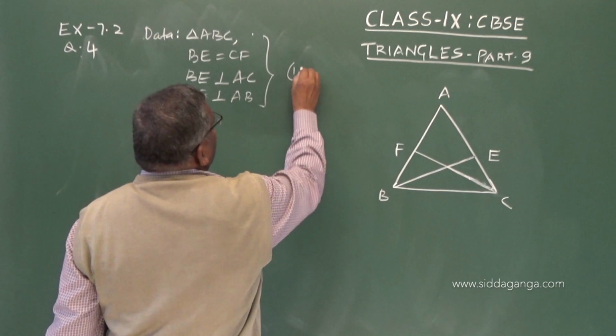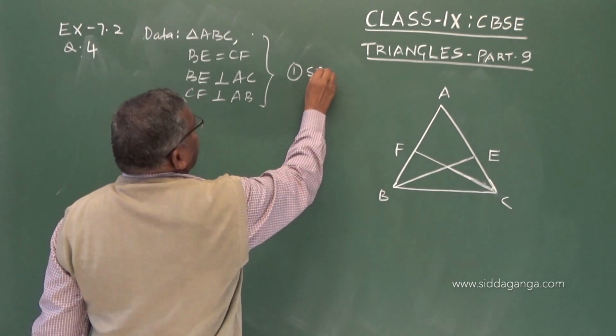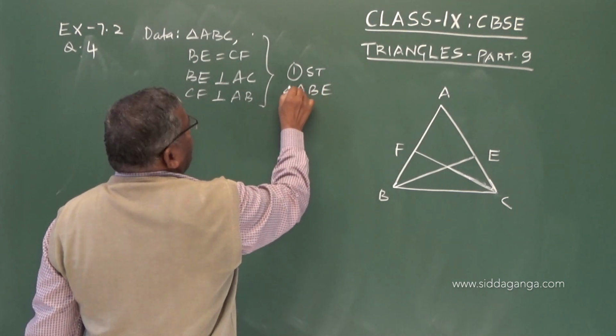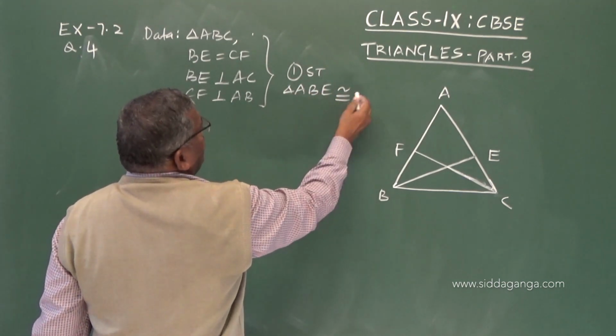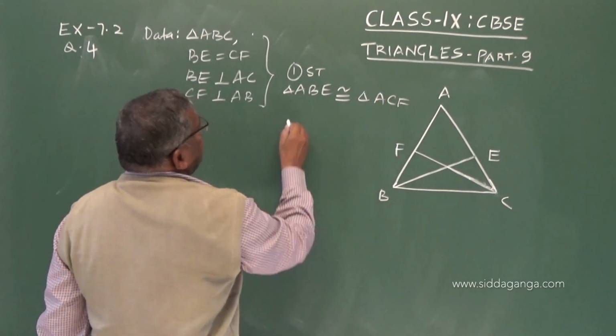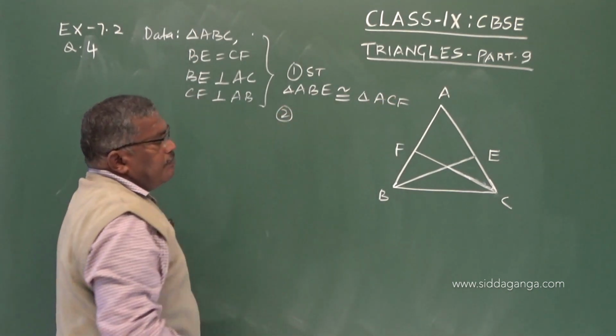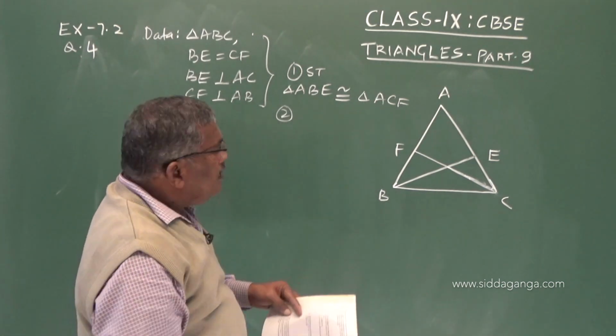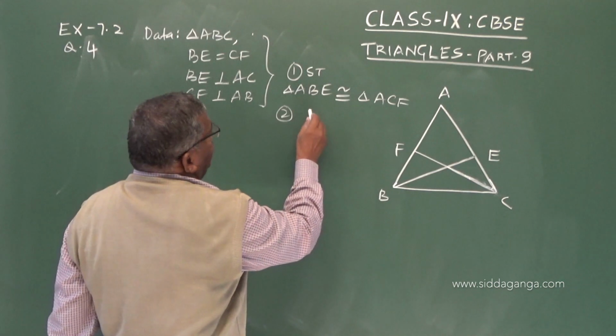So, there are two questions. Show that triangle ABE is congruent to triangle ACF. Second question, show that AB equals AC.